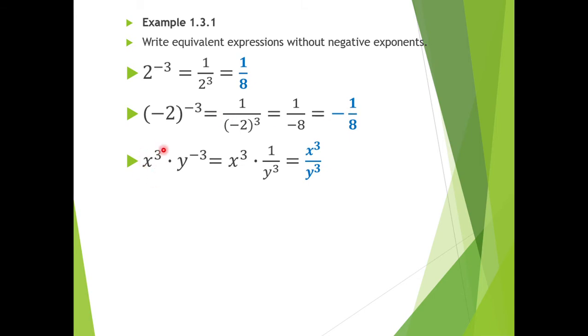So, x raised to 3 times y raised to negative 3. Remember, magkaiba siya ng base, so hindi natin siya pwedeng i-add o i-multiply. Ang gagawin natin, y raised to negative 3, reciprocal natin, so magiging x cube over y cube.